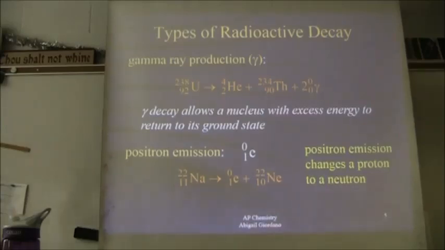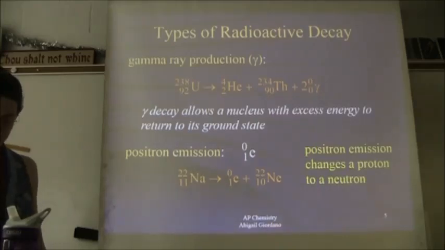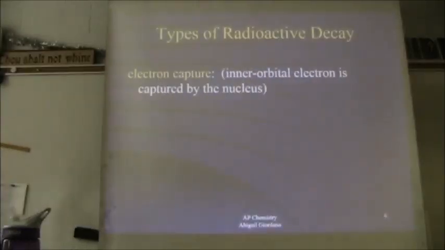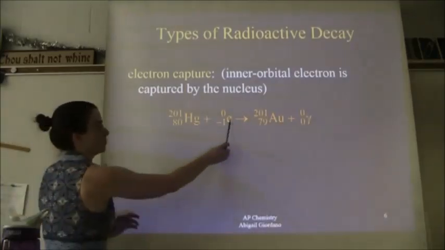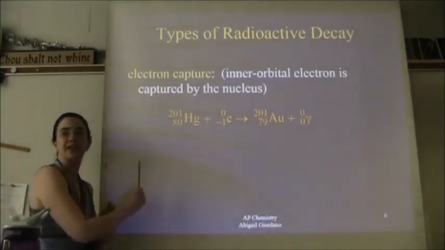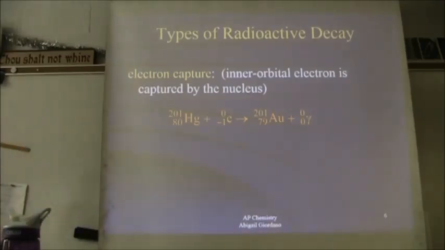There is a 5th and final type called electron capture. Okay. This one is different than the other 4. In case you hadn't noticed, the other 4 always have the radioactive particle or energy, whatever it is, on the product side.